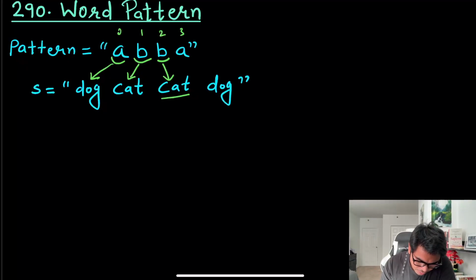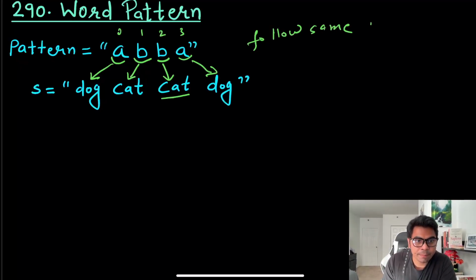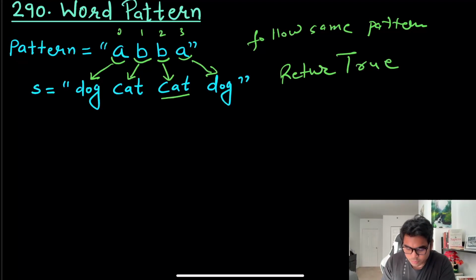Next is A. I have already done the mapping here, so A needs to be mapped to dog. So you can see these two follow the same pattern, and if they follow the same pattern, we return true, otherwise we return false.